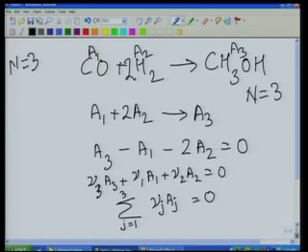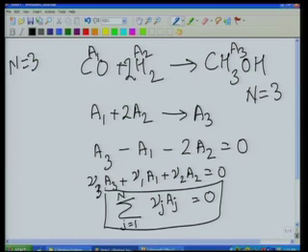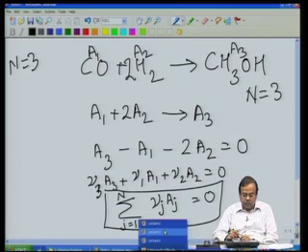So, in general, if we have n species, I can write this reaction as summation over j going from 1 to n of nu j Aj equal to 0, and this is the chemical reaction that I am going to focus on. The advantages of writing a reaction in this manner will become apparent as we continue our discussion.